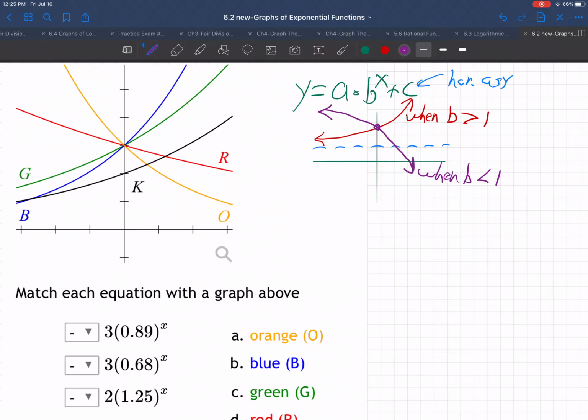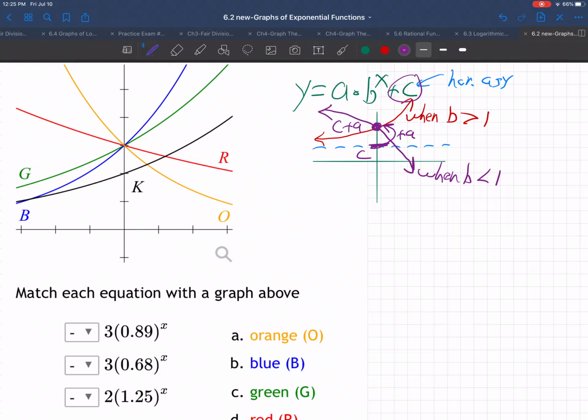This crossing point is c, where the horizontal asymptote is. This point right here is c plus a. In other words, the jump from here to here is up a.